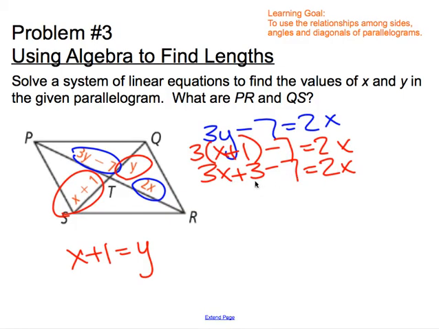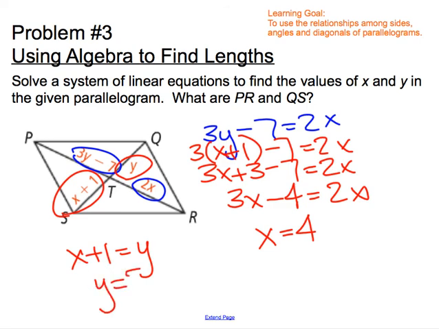Combining like terms, we have 3 times x minus 4 equals 2x. Subtract 2x from both sides, add 4 to both sides, and we find that x equals 4. If x equals 4, then y equals x plus 1, so y must equal 5. So here are the solutions to this system of equations.